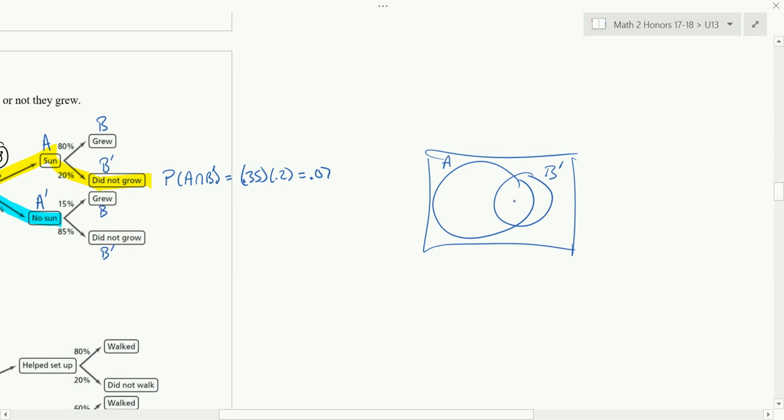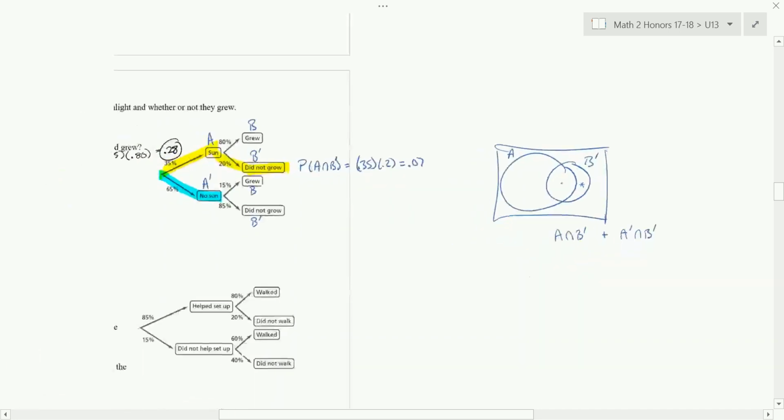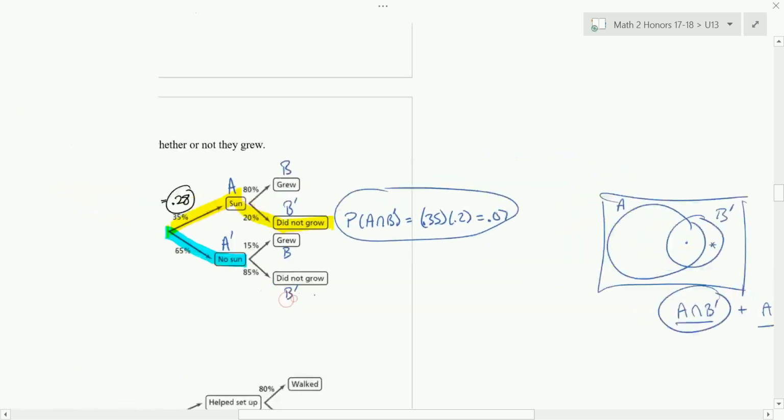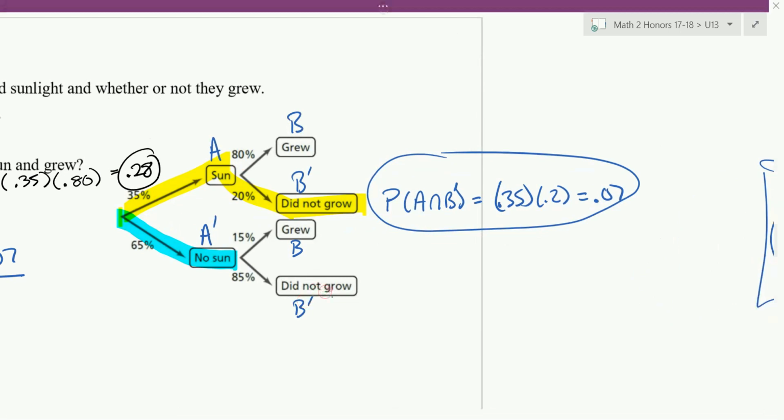The one in the middle is A intersect B prime, right? But then there's one more. What's this one right here? It's not an A, and it's not a B, right? And so I can't consider B by itself, but I can consider these because that's how our diagram's drawn. And I have the first one, A intersect B prime. We did that. So let's find the other one, A prime intersect B prime.